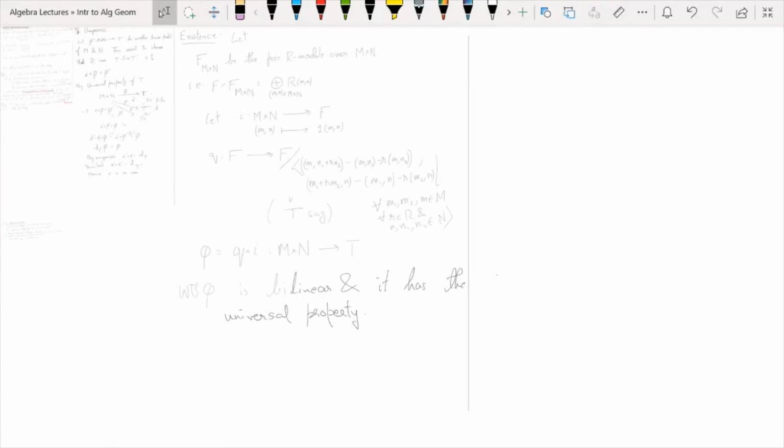So let's just check why it is bilinear. That is just because we have thrown in these relations, we have quotiented out by these relations.